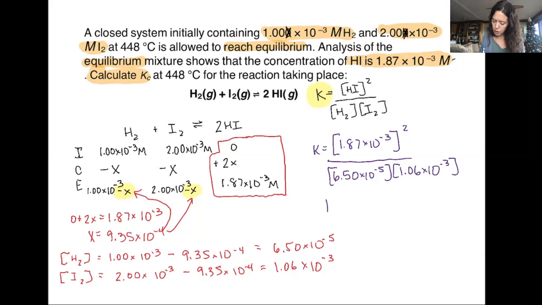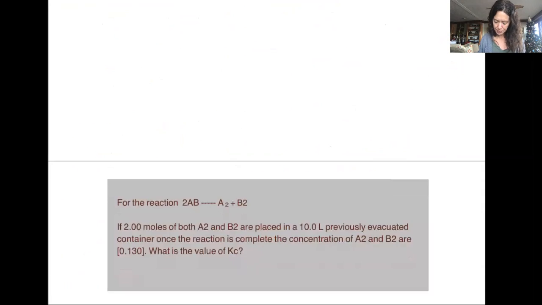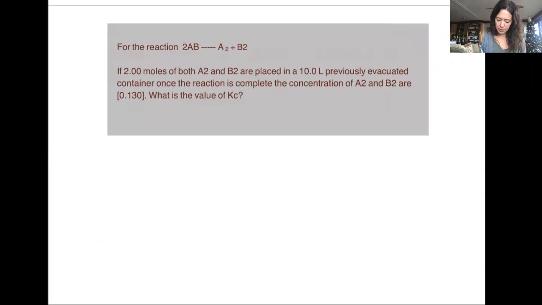Once I do all of that, I will get 51. No units need to be there. Okay, so we knew some concentrations at the beginning and some concentrations at the end. Proceed.